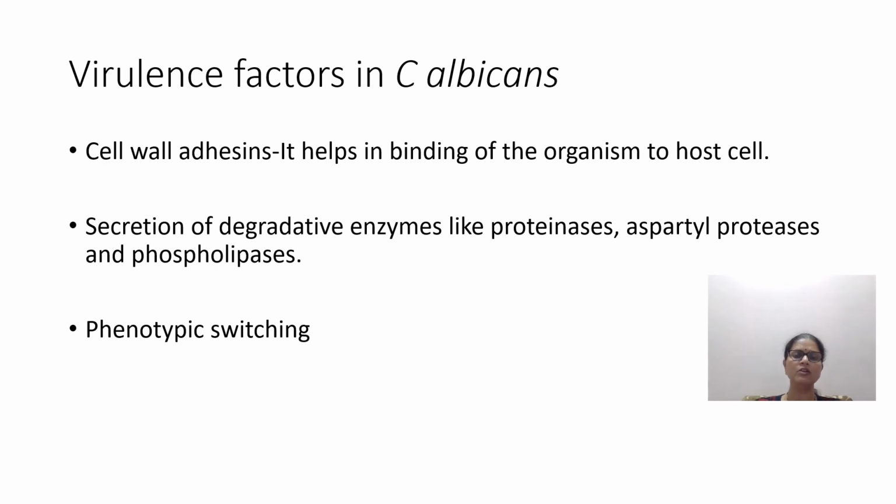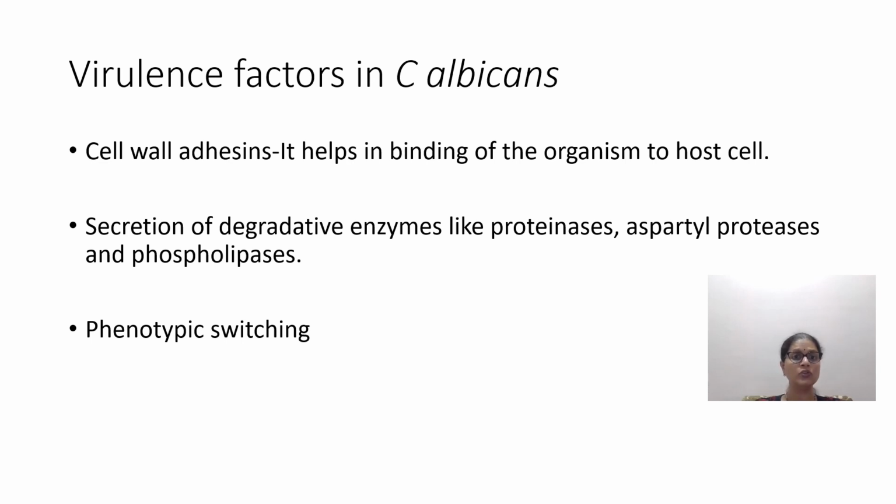What makes a commensal organism like Candida to cause infection in the host? See, these are some of the virulence factors that we can find in Candida albicans. There are substances called cell wall adhesins that help in binding of the organism to the host cell via hydrophobic interactions. This reduces the level of yeast clearance from the body.